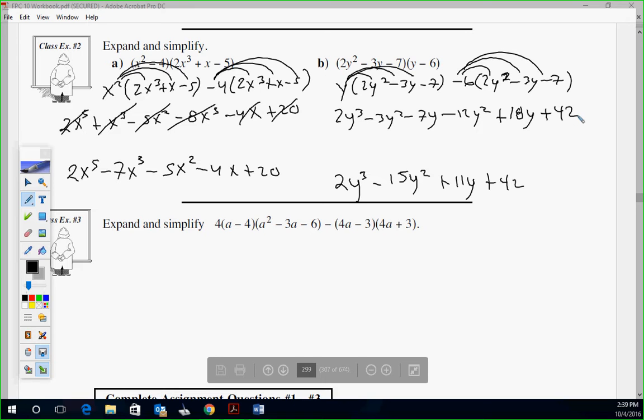And so you combine: the 2y cubed stays. Negative 3 and a negative 12 is a negative 15. Negative 7 and 18 is a positive 11. The 42 stays the 42. There it is.